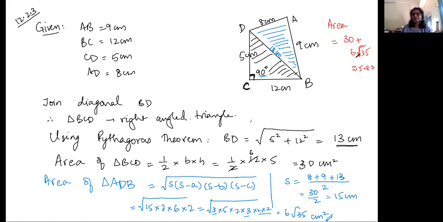5.87. So 6 into 5.87. If you had to get the answer in decimals, then this is a quick way of doing it. Find out whichever is the nearest square number. The nearest square number to 35 is 36. Can't we just leave it in addition format? No, you can. I'm talking about if it is an MCQ and all your options are given in decimal.